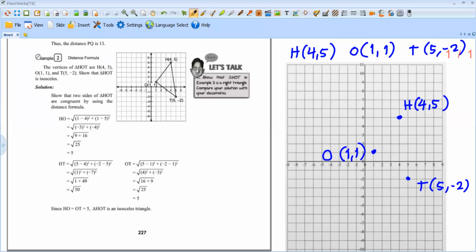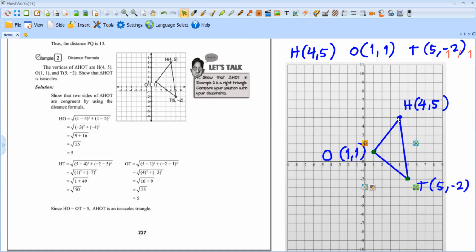So what are we going to do? We just connect the points first so that we can form a triangle. All right. And then we have also this line and this line.